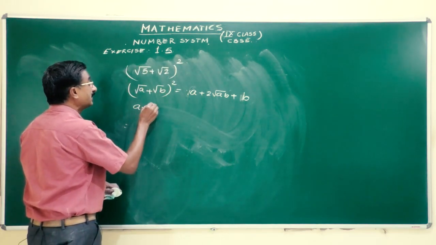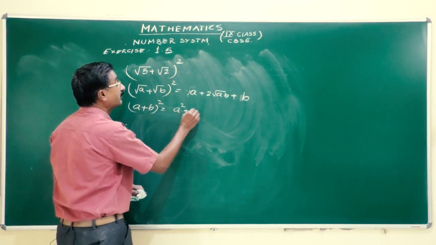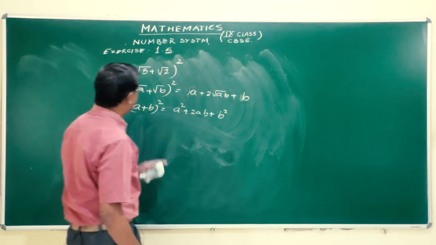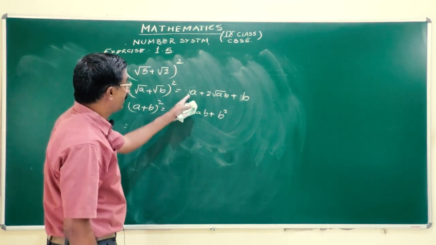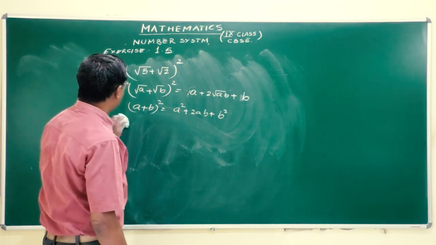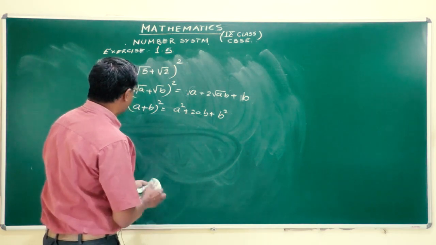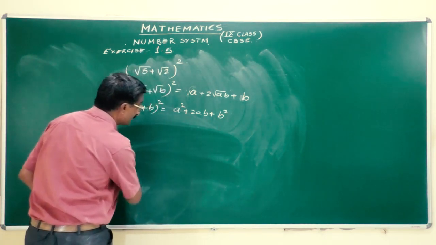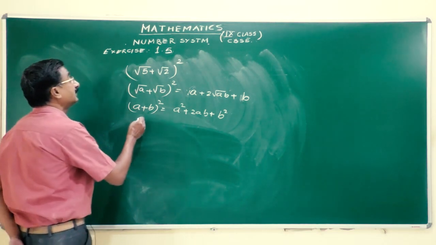Or we can say which identity, that is a plus b whole square is equal to a square plus 2ab plus b square. And under root a square is equal to a and under root b square is equal to b. That's why here a and b. You should not be confused about where the a square is. So there is a square, but the square of the root is equal to the number itself. So by practicing you will get this.